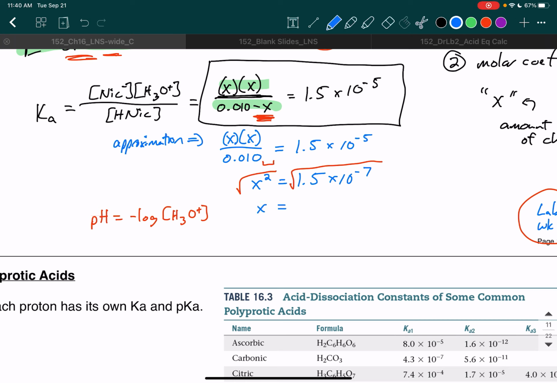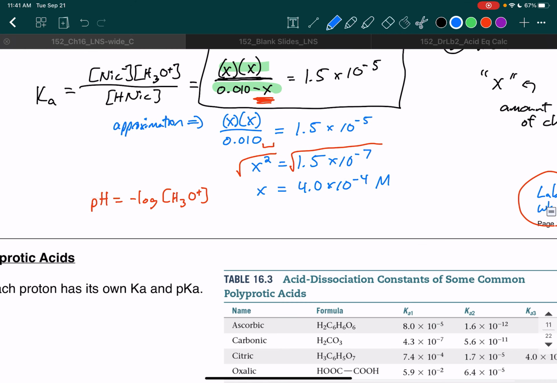That gives me 4.0 times 10 to the minus 4, and I'm going to insert molarity because that is what we're talking about. You have to work through a little bit of algebra there to solve for x. I'll be happy to talk about that outside of class.